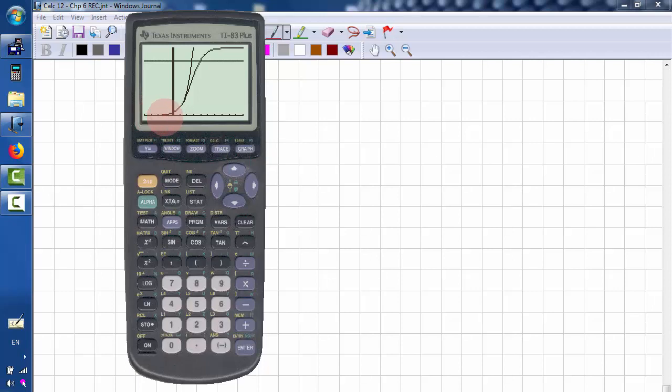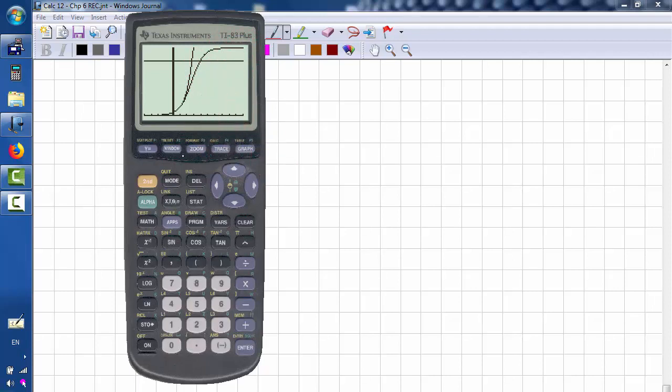Okay, you can see this logistic function has slowed down compared to the exponential function. It behaves like the exponential function initially, but you can see that we're starting to get close to the carrying capacity here, so it needs to start slowing down in an exponential manner.